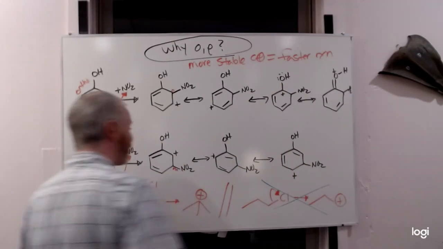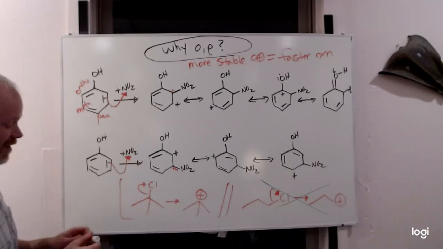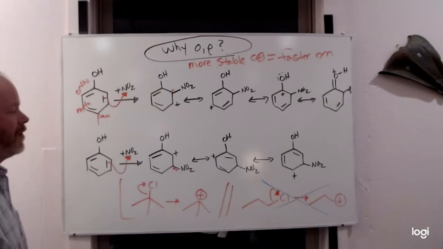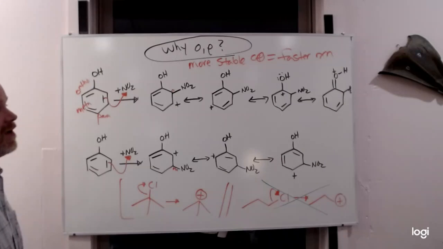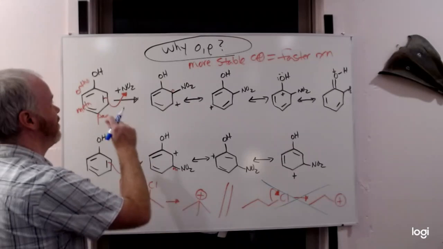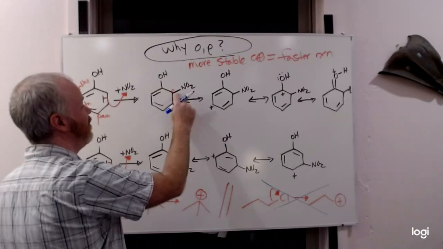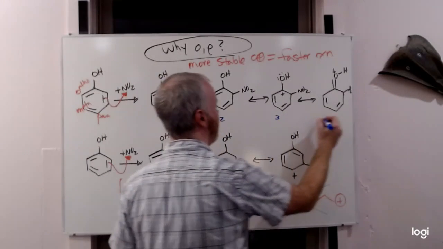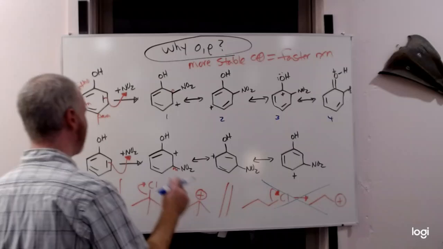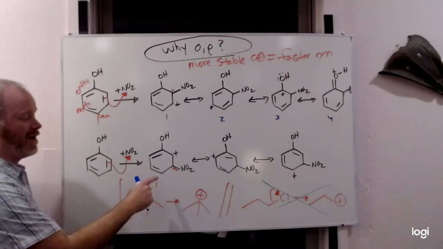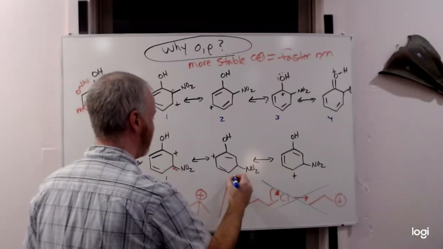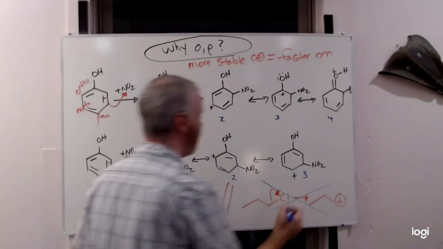So in the simplest sense, what we're looking at is comparing the different resonance structures. And what might stand out right away is for phenol substituted in the ortho position, I've drawn 1, 2, 3, 4 resonance structures. For phenol substituted at the meta position, which we're saying is less favorable, I've got 1, 2, 3.